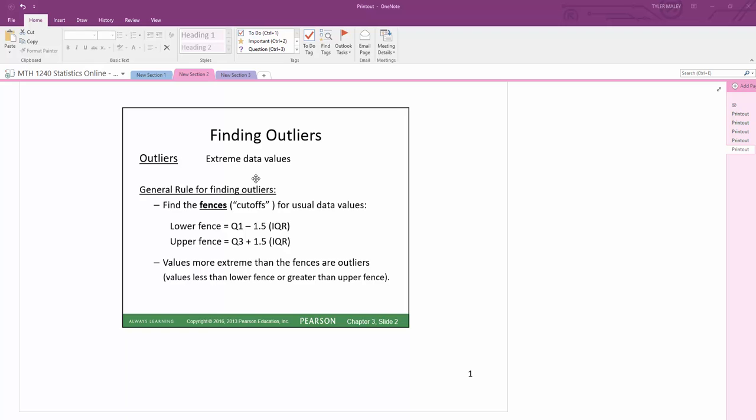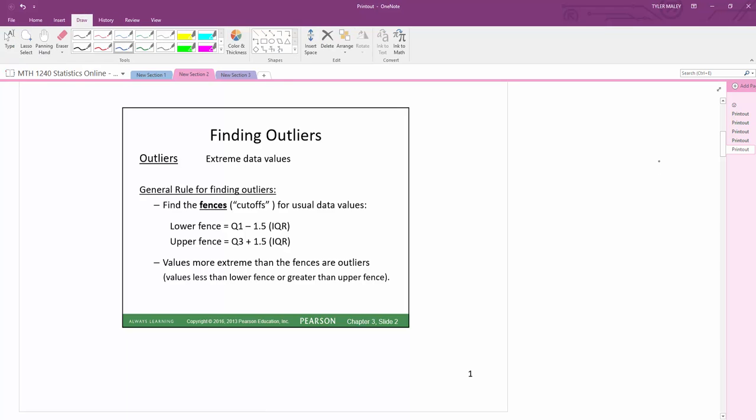So this is just a common general way to find outliers. What we're going to do is create what are called fences. So let me draw this. If we have a number line, and we already found Q1 and Q3 in our data, so here is Q1 and here is Q3, which means my median would be somewhere in here. Then we find this distance between Q1 and Q3, which you remember is called the IQR.